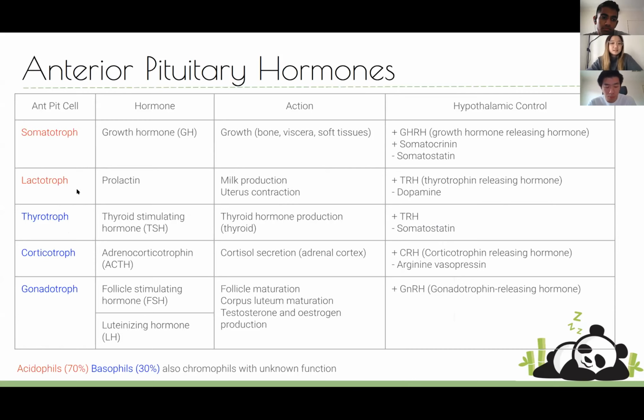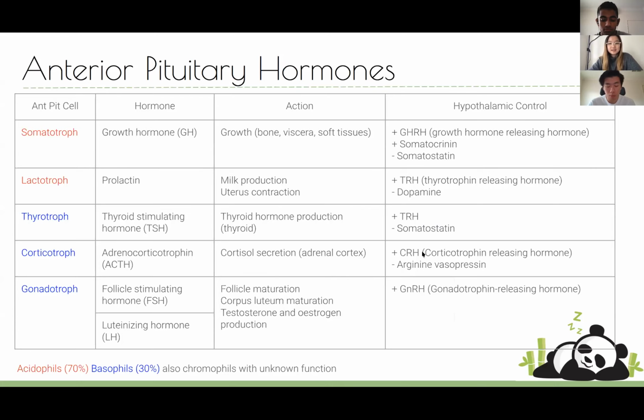Lactotropes are the ones that secrete prolactin, which causes milk production and uterus contraction, kind of similar to oxytocin. You'll learn more about these two during repro, so don't worry about them too much yet. Corticotropes secrete adrenocorticotropin, or ACTH, and that acts on the adrenal cortex to secrete cortisol, which is your stress hormone.